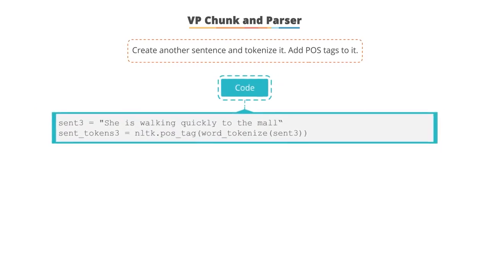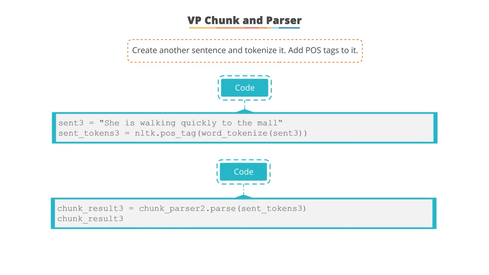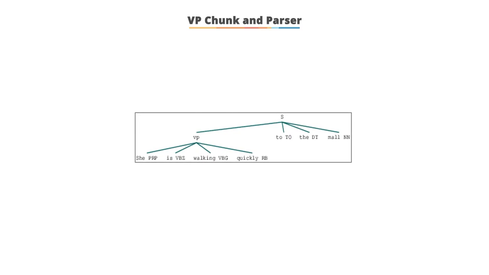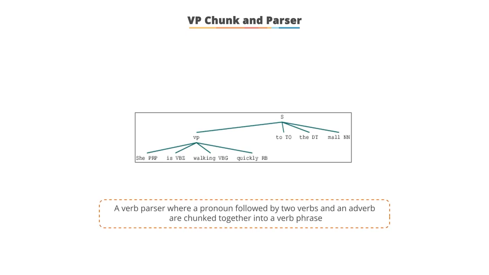So the new sentence is, "She is walking quickly to the mall," and the POS tags have been allocated from NLTK corpora. Now use the new verb phrase parser to parse the tokens and run the results. You can look at the given tree diagram, which shows a verb parser where a pronoun followed by two verbs and an adverb are chunked together into a verb phrase.